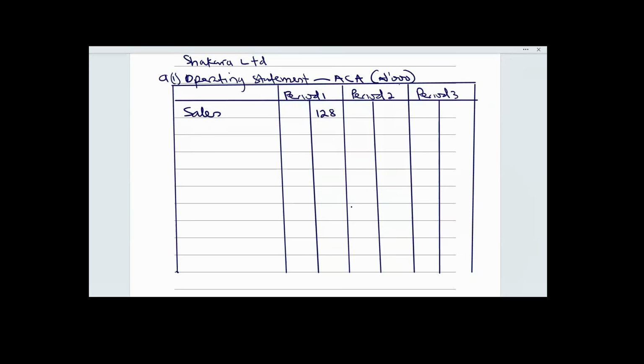Immediately after the sales, we need to determine the production cost. When you are determining your production cost, the first item will be the opening stock. Whether you are given opening stock or not, you have to indicate it, particularly where you are given more than one period. Remember, we are using the absorption costing approach, and under it, opening and closing stocks are valued at total cost per unit.